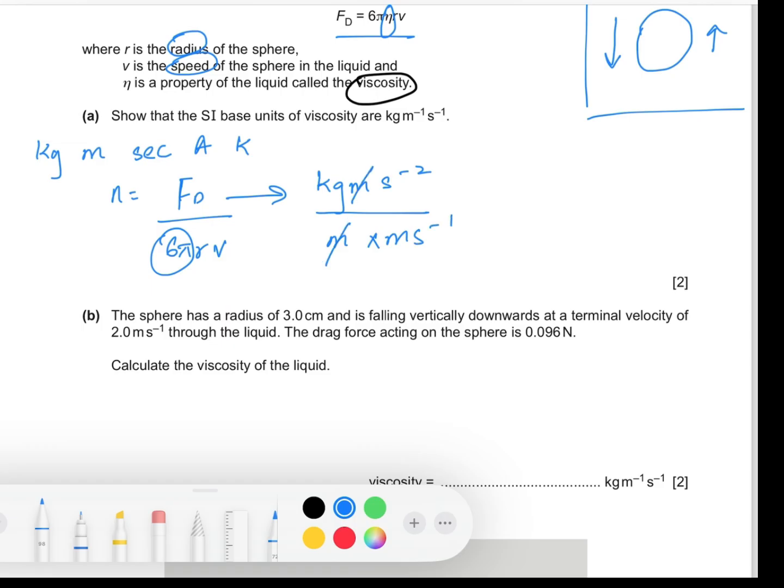So here you will cancel out the common units that will leave us with kg per second, and then the meter would shift from the denominator to the numerator. So that's kg per meter per second.